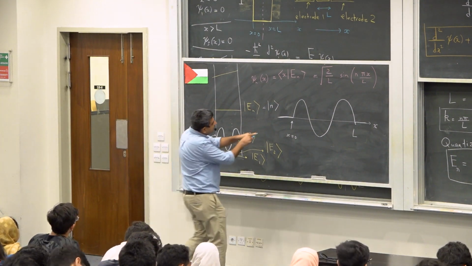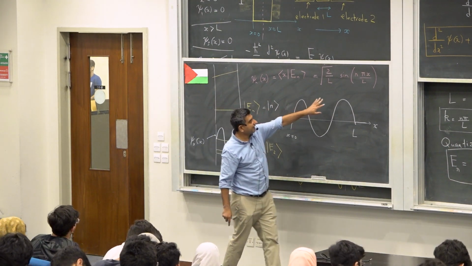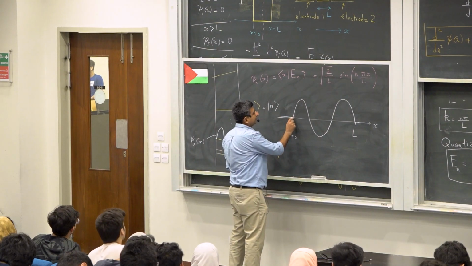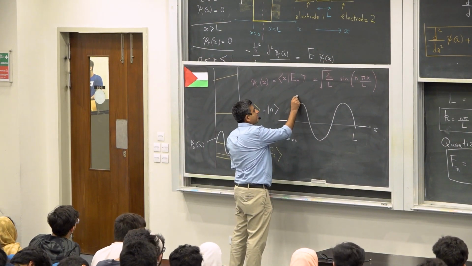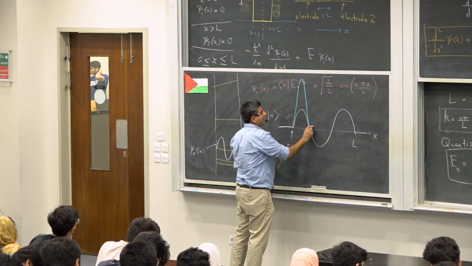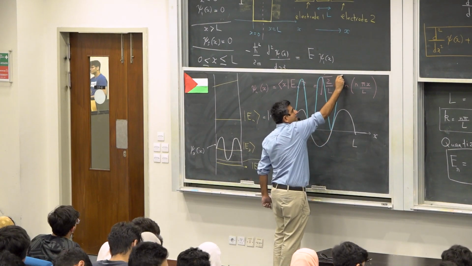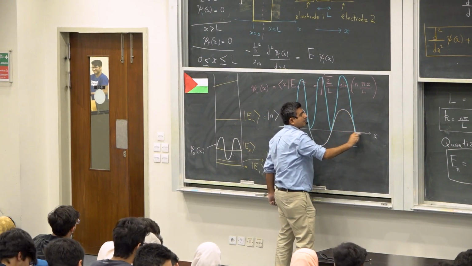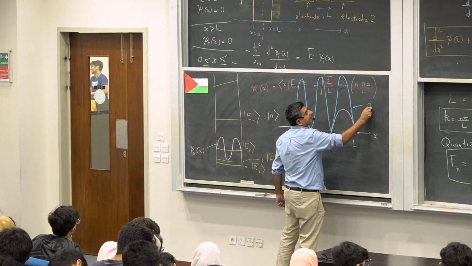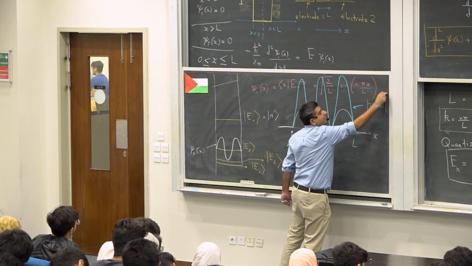So if I take this wave function, sine 3 pi x over L, and I modulus square it, I get this. Now this is psi 3 x mod square.